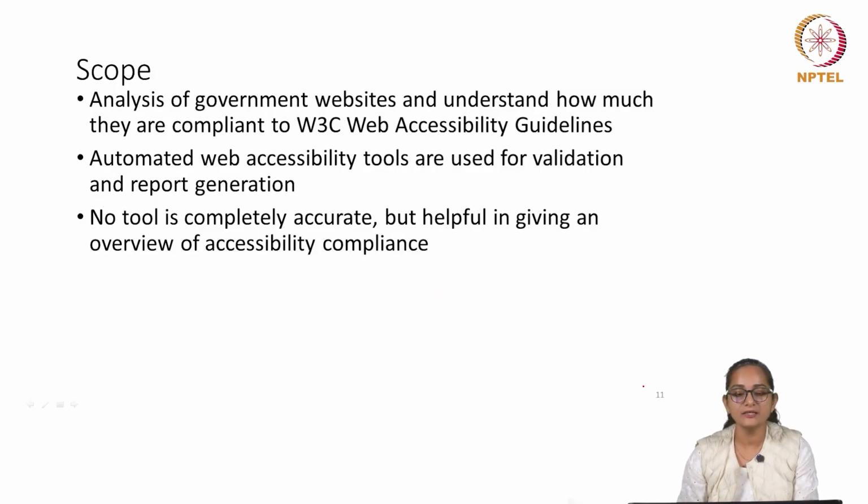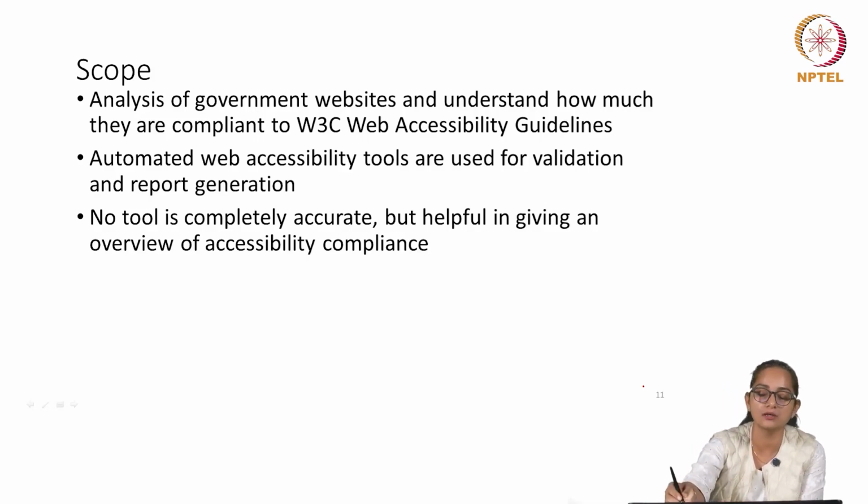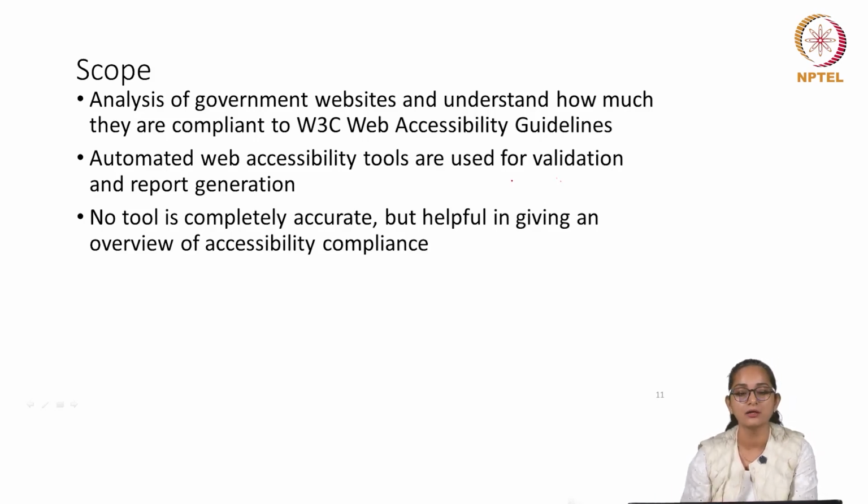Particularly, we will look at a few examples where government websites were evaluated, to see whether they are compliant to these guidelines. In these examples, we are only using automated tools for validation and report generation. No tool is completely accurate.